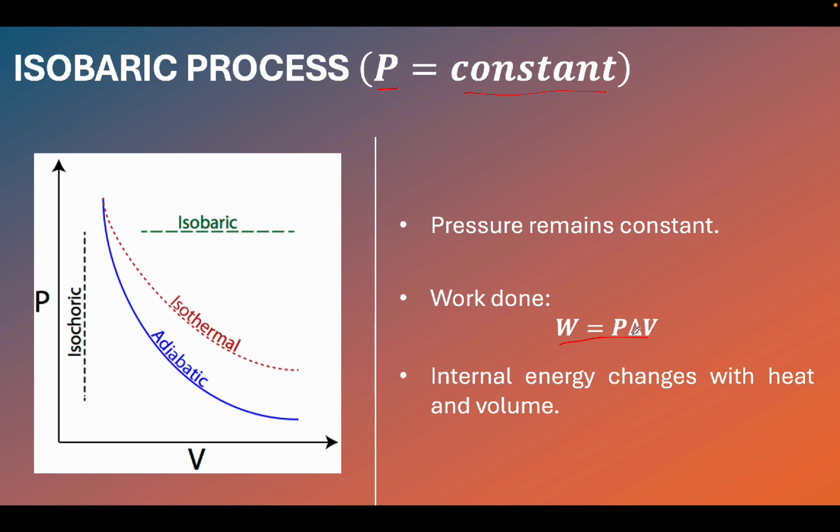Now, what will happen to the first law of thermodynamics? From the first law, we have delta U is equal to Q minus W. If we substitute work with P times delta V, it becomes delta U is equal to Q minus P times delta V. So this is now our first law of thermodynamics formula by using the formula for the work done in terms of pressure and volume.